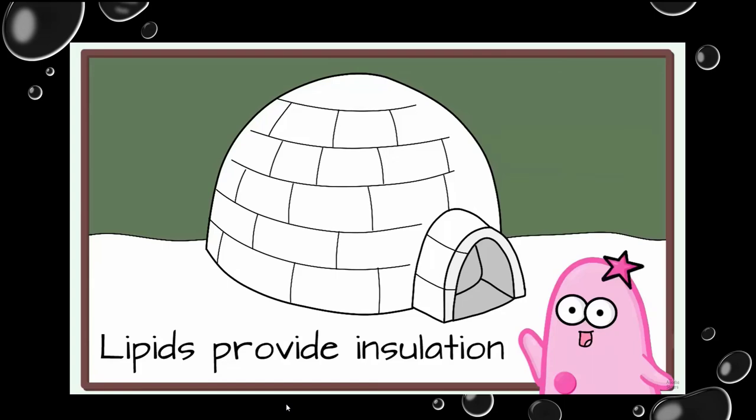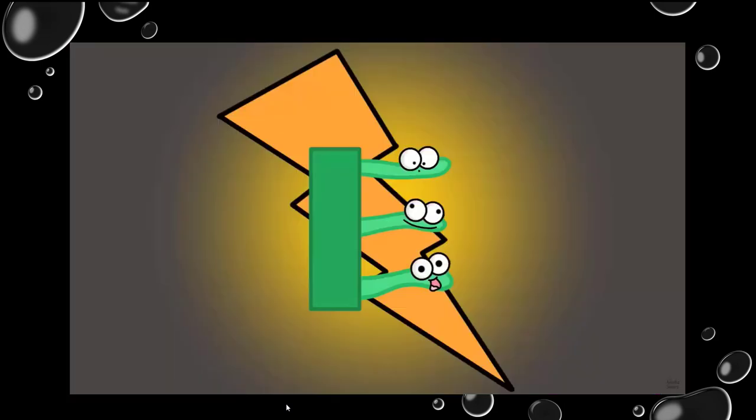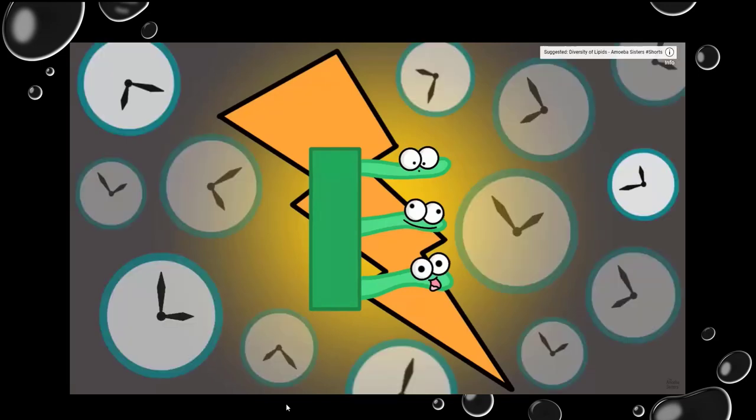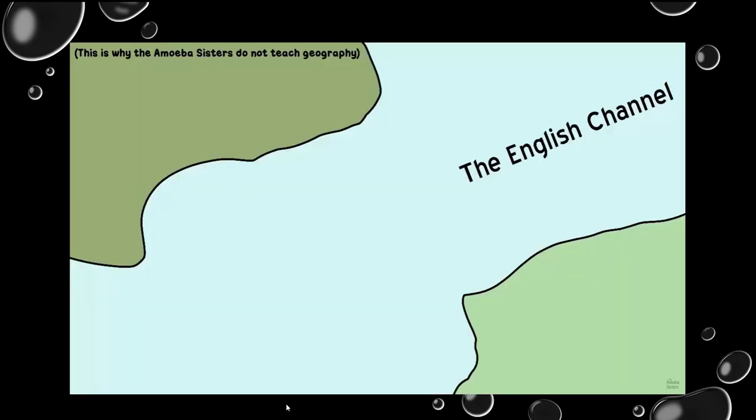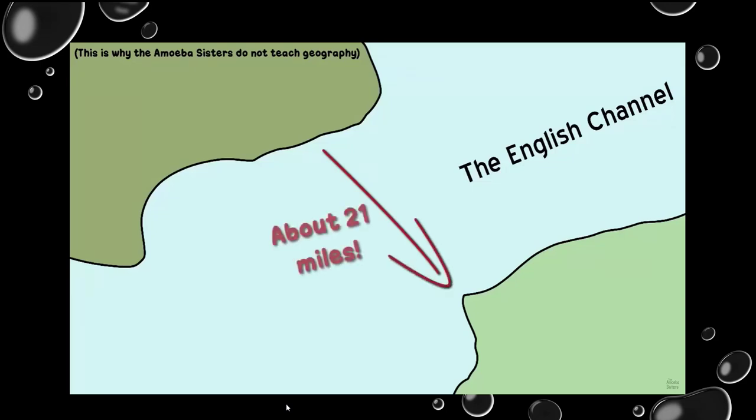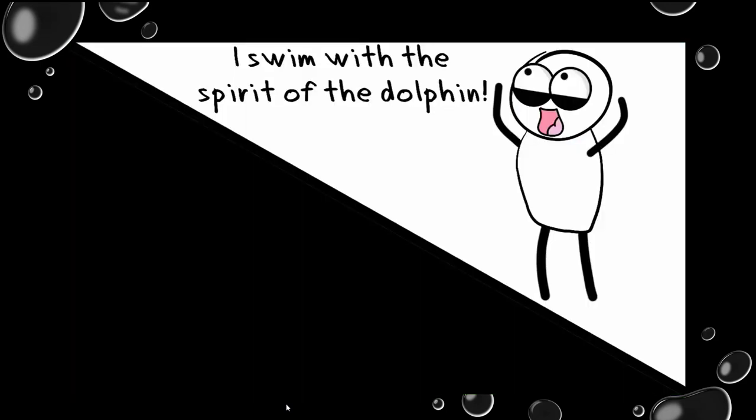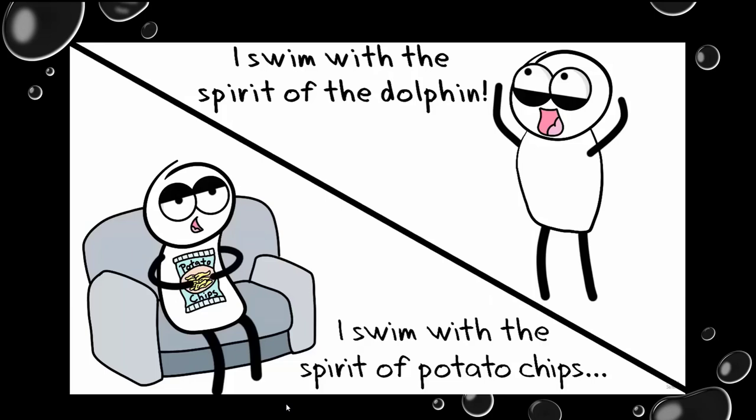Also, you might not think about fats as being related to energy, but fats are a great source of long-term energy. They can store energy for a long time. Say, for example, you wanted to swim the English Channel. That's like 21 miles of swimming. The fastest swimmers might be able to do that in 7 or 8 hours, but it might take a lot longer than that for the average swimmer.